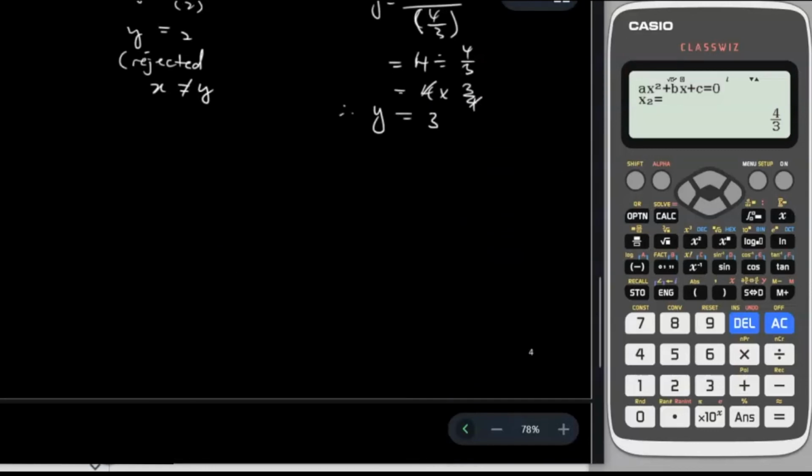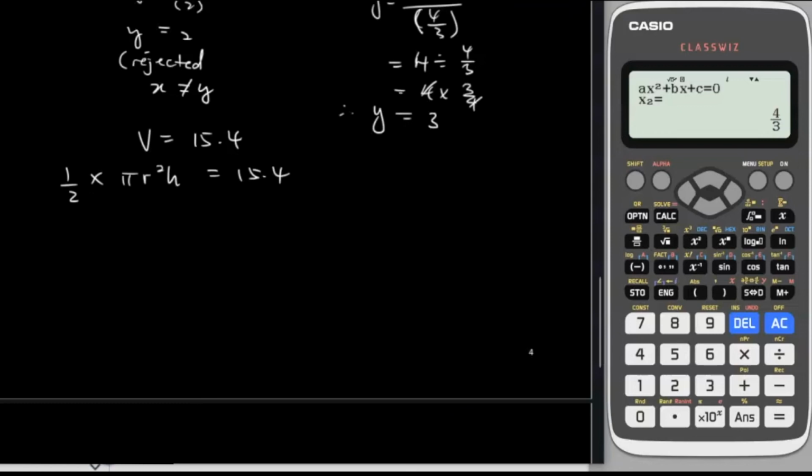So when V given is 15.4, this is half of a cylinder. So what's the formula of volume of a cylinder? Which is pi r square h, right? So pi r square h equals to 15.4. So the h here is actually the depth. So later I'm going to put d over to replace the h.